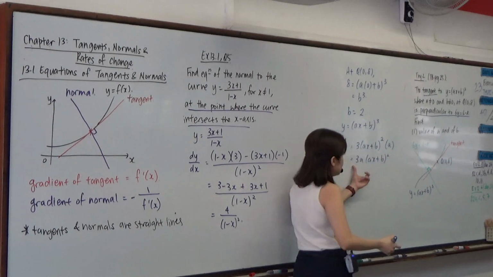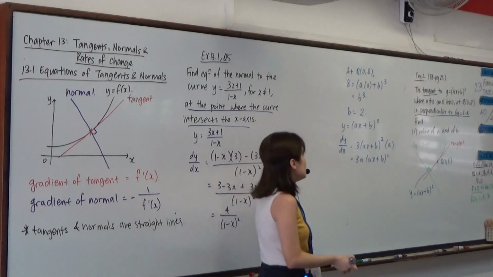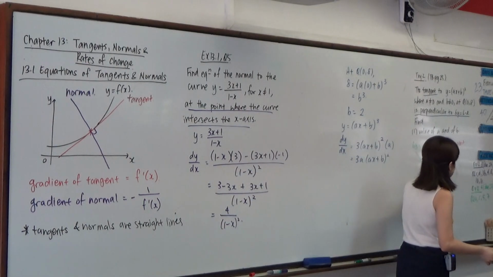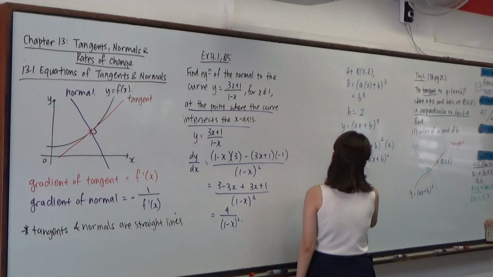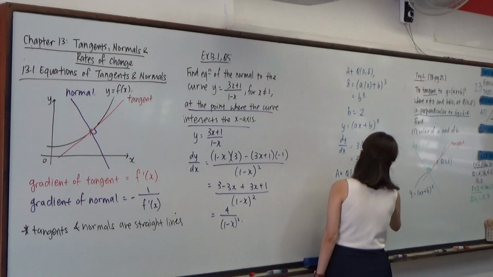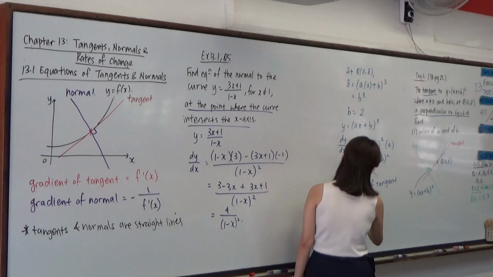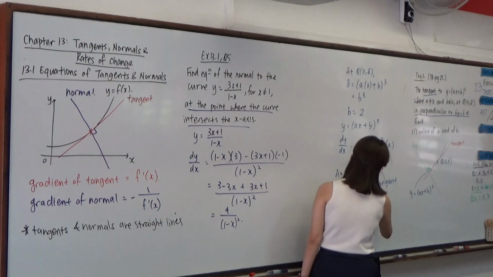So what this expression means is the gradient of the tangent, right? And in particular, if it is at Q, the gradient of the tangent will be equal to 3a multiplied by (a times 0 plus b).